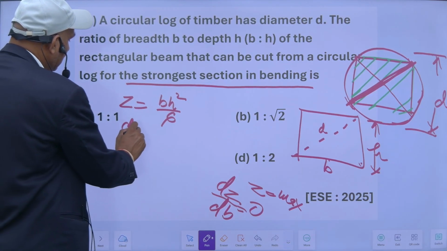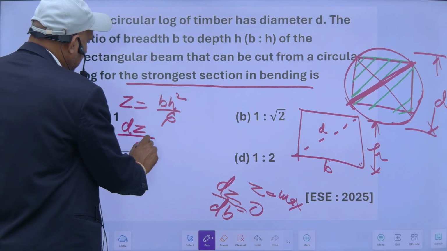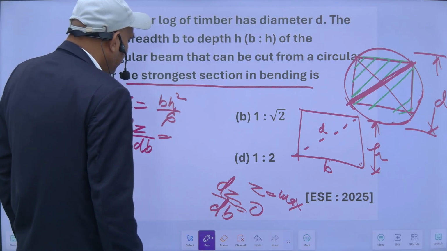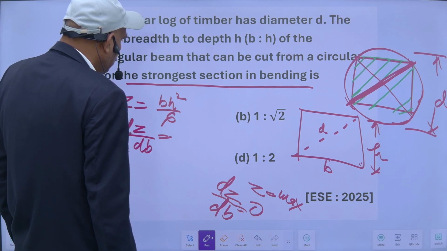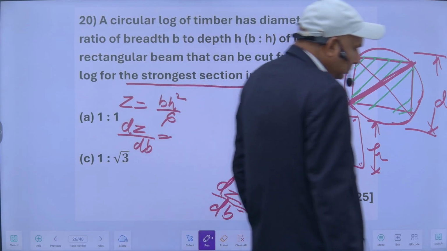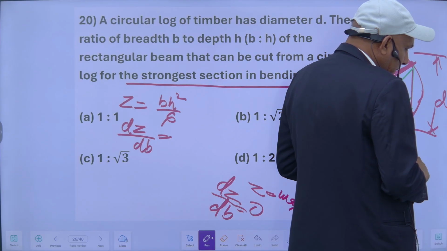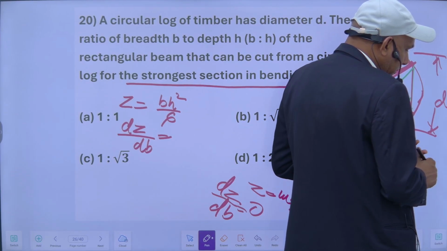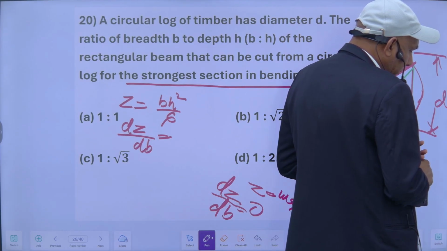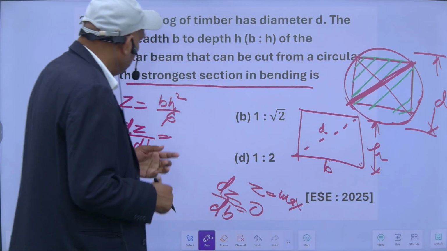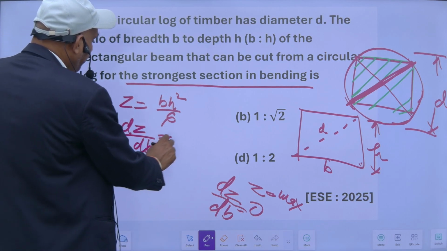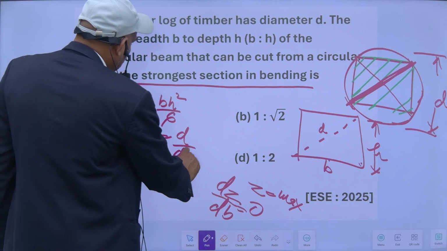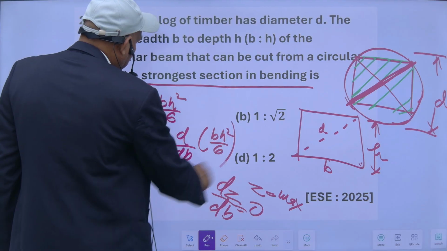Now dz upon db is equal to, this is height, so this is the derivative of this with respect to b.